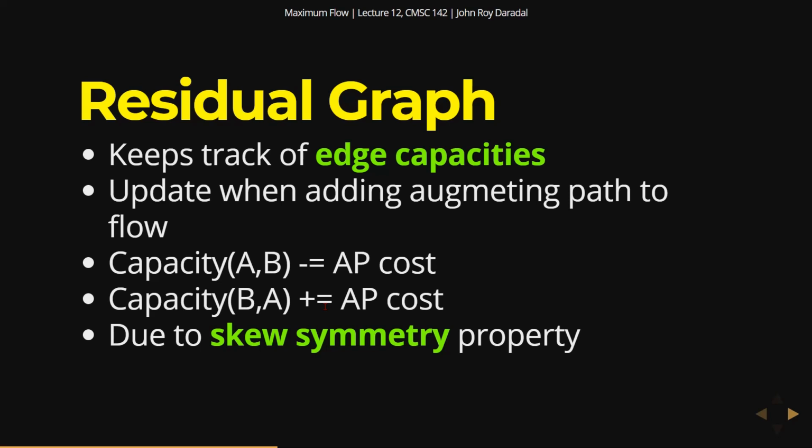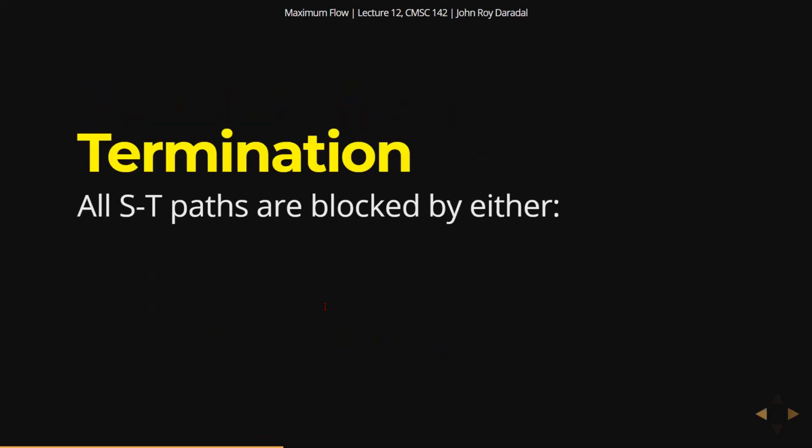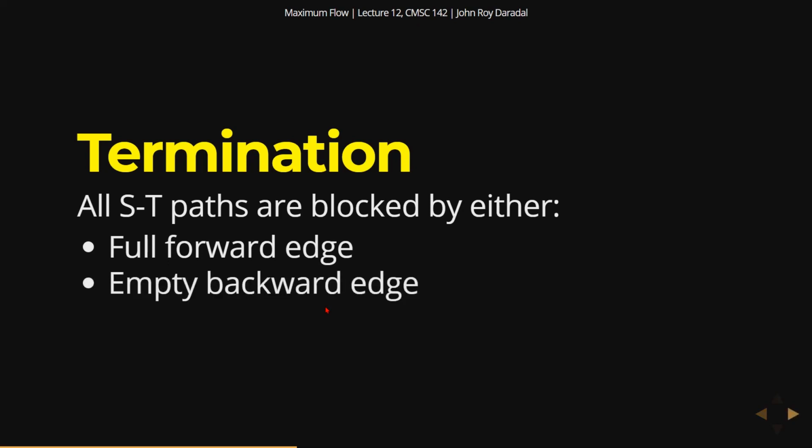We'll keep on finding the augmenting path, and then we'll add that to the flow until such time that all the S to T paths are blocked by either a full forward edge or an empty backward edge. So if all paths are blocked by a full forward edge, that means you cannot add more flow going forward because that edge is already full.